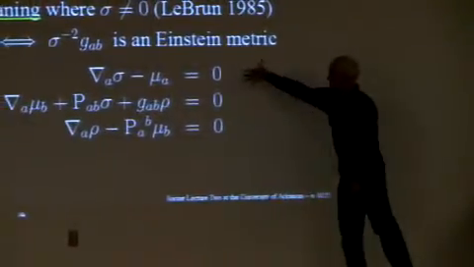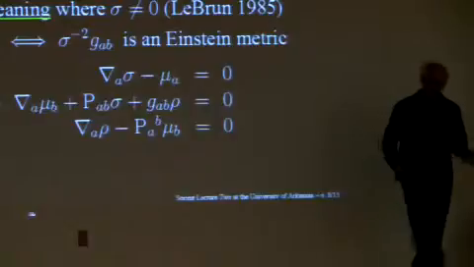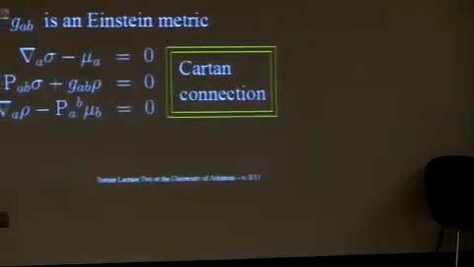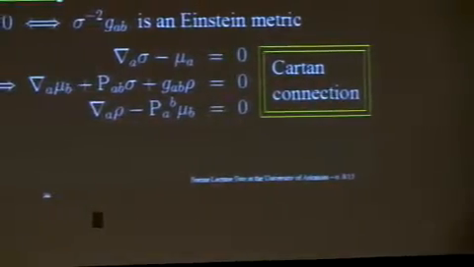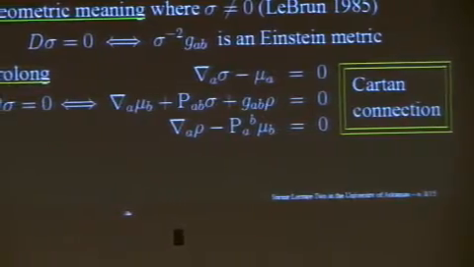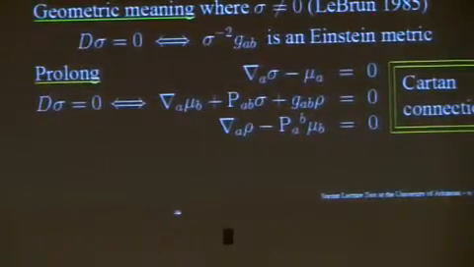And you should think of this as actually a connection. This is a well-known connection in conformal geometry. This is called the Cartan connection. This is a viewpoint on the Cartan connection, but it's just created out of thin air by looking at this conformally invariant operator.